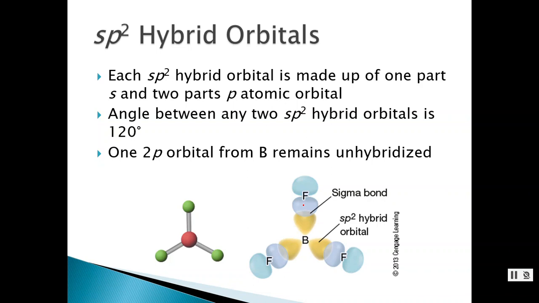And that bond that is formed, that single bond, is also called a sigma bond. So sp2 hybridized orbitals, same concept as for sp3, but with sp2 orbitals, we have 1 s and 2 p atomic orbitals mixing to create the sp2 hybrid orbitals.